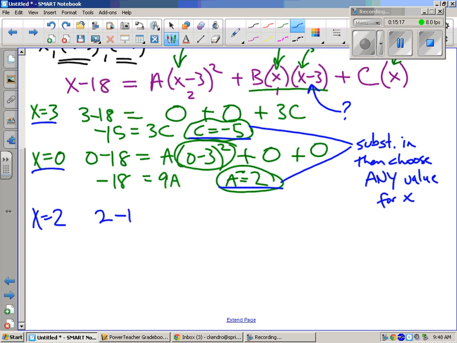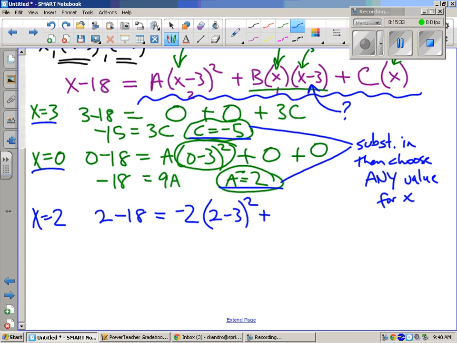So 2 minus 18 equals a. Remember, this is my original setup here. So a is negative 2, and then I chose 2 minus 3 squared. b is the one I don't know yet. Then put in a 2 for x, so I'm right here. Now I want to put in another 2, so 2 minus 3. And then c was negative 5, so I plug that in and put a 2 in for x.